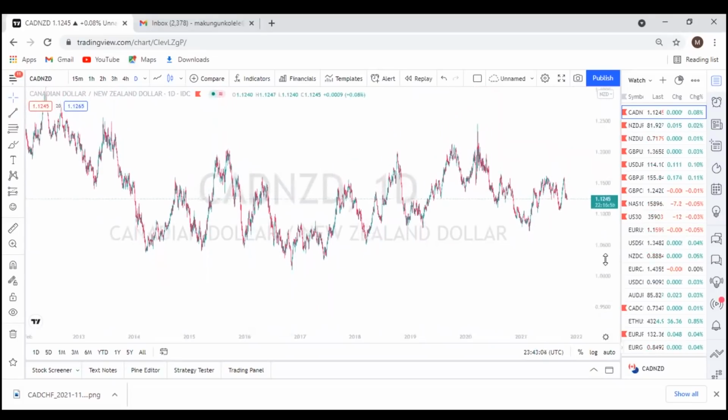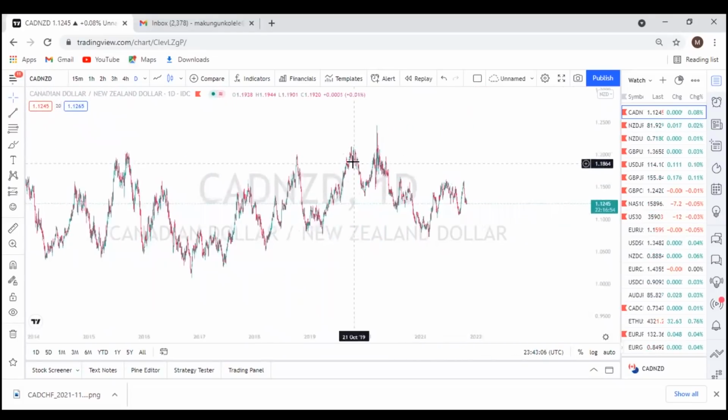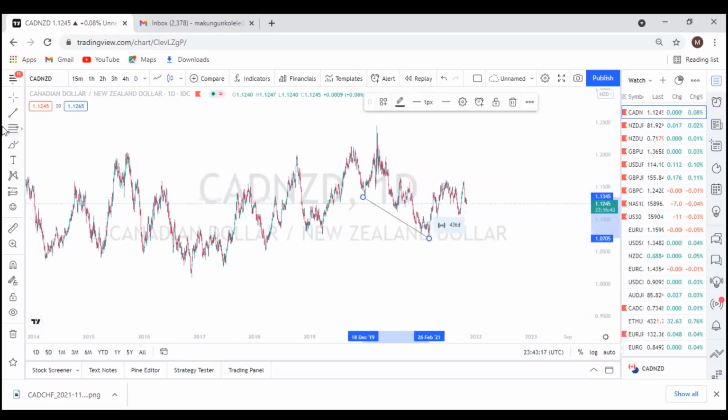So what you should do is focus on the current market. You shouldn't go behind too much. So we're gonna draw a structure, spot a structure just like that.